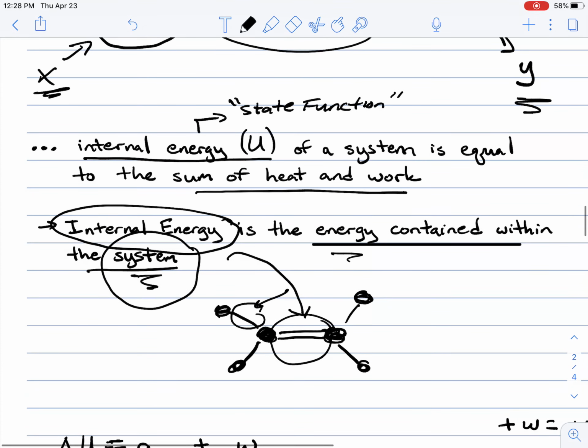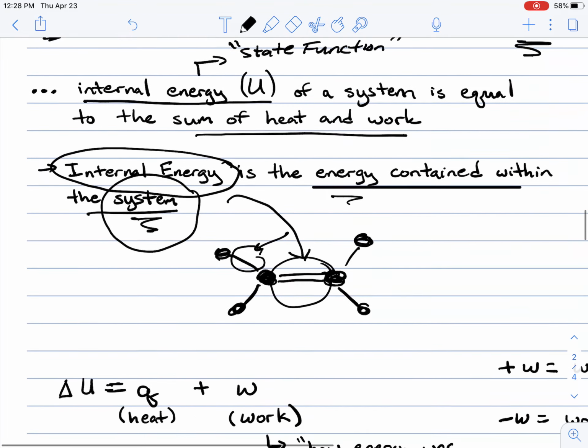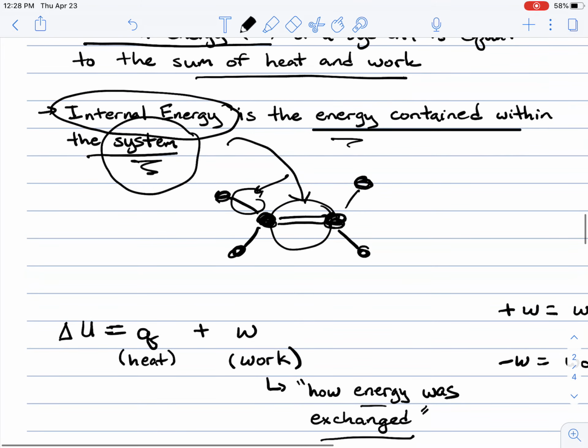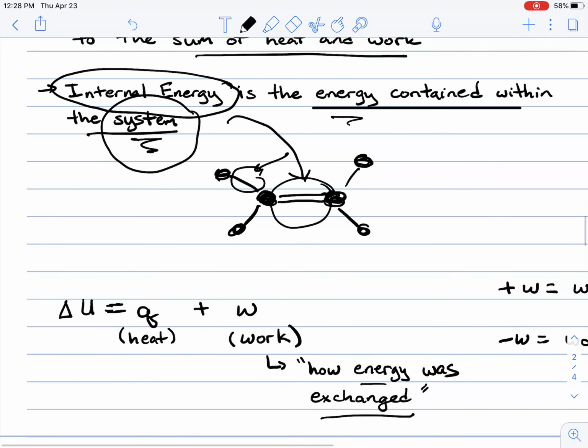Looking at the definition of the first law of thermodynamics, it's basically saying that the internal energy is equal to the sum of heat and work. We can summarize that as delta U is equal to Q plus W, where delta U is the change in internal energy.